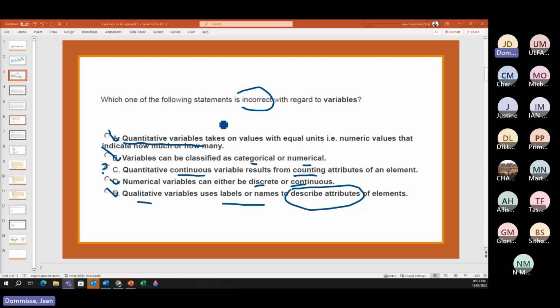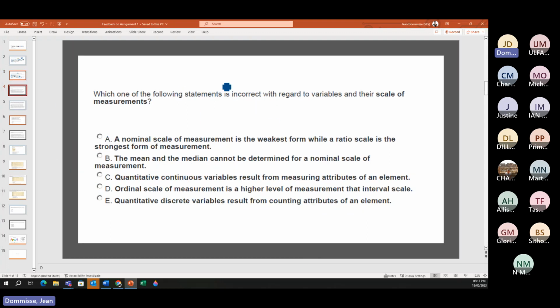So one way that they can ask questions is this type, but they can also ask about variables and their scale. So we know we've done the scale of measurement. Which one of the following statements is incorrect with regard to variables and their scales of measurement? So the first one: a nominal scale of measurement is the weakest form, while a ratio scale is the strongest form of measurement.